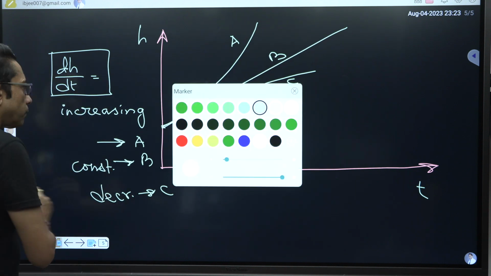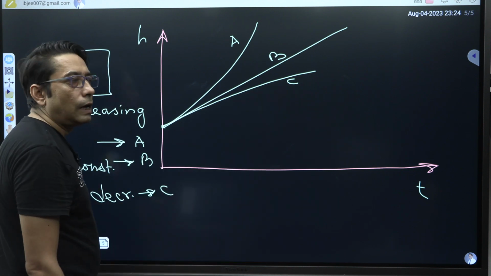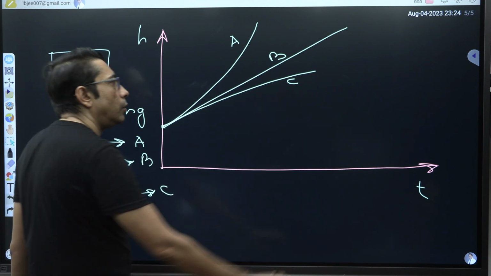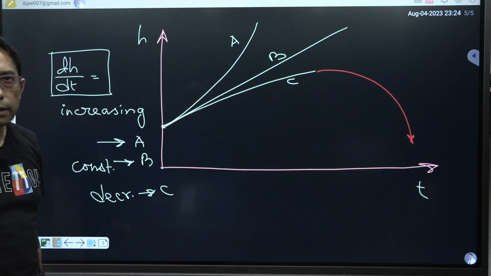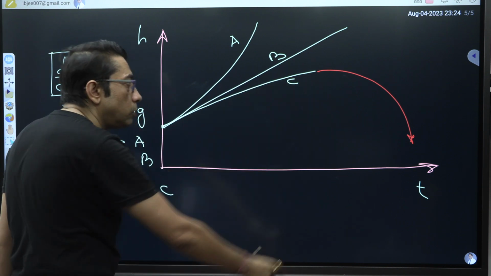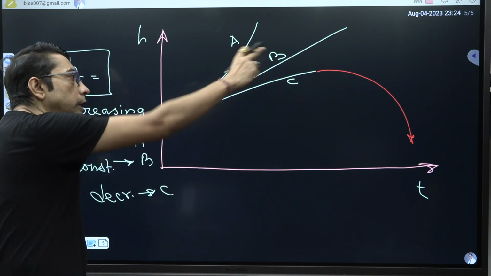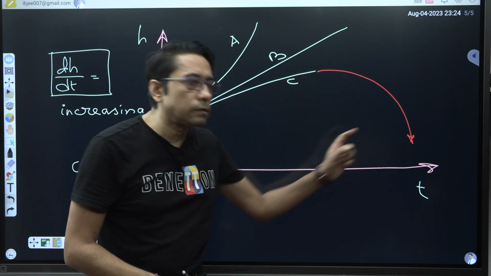Just one word of caution, and that is the red color. Never think that this is going to be downwards. Students make a mistake here. It is not going to be downwards ever. It will go on increasing. The height of Shah Rukh Khan will never become like this.